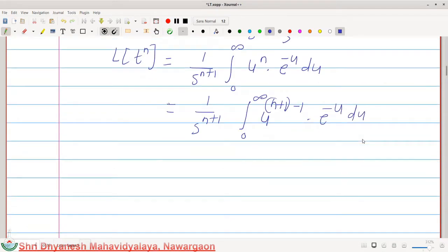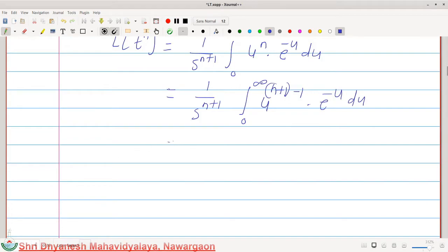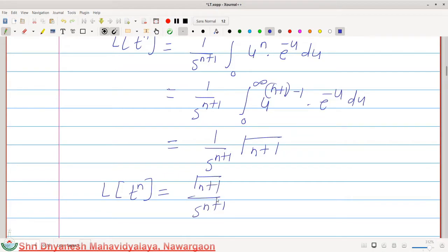Then what does it become from the definition of the gamma function? It will be 1 upon s to the power n plus 1, and this will be gamma function of n plus 1. So what did we get? The Laplace transform of t to the power n equals gamma n plus 1 upon s to the power n plus 1.